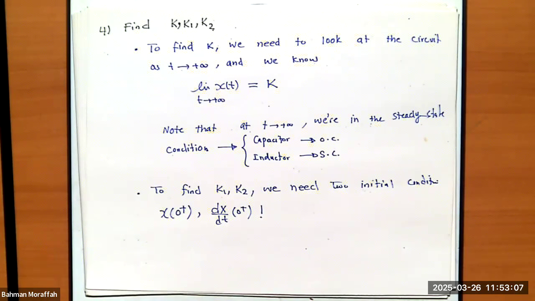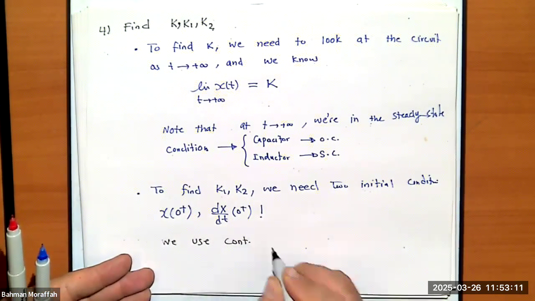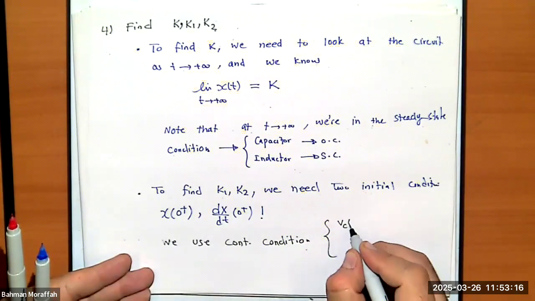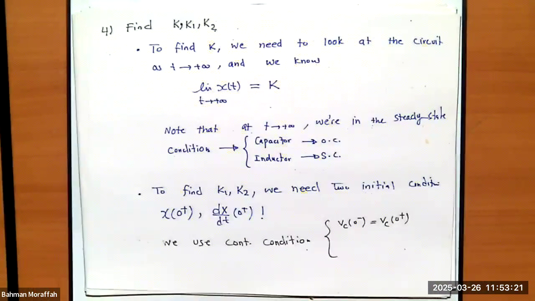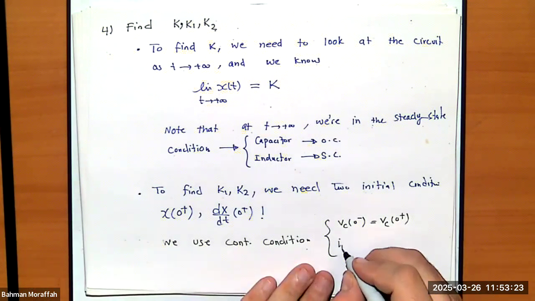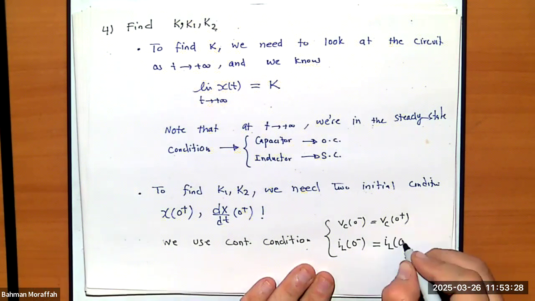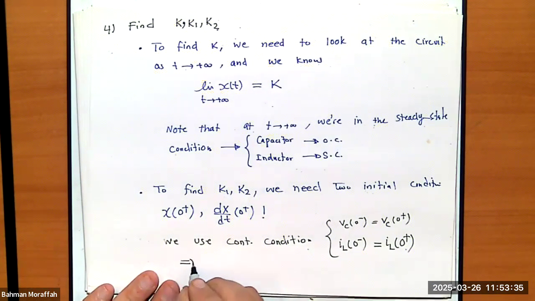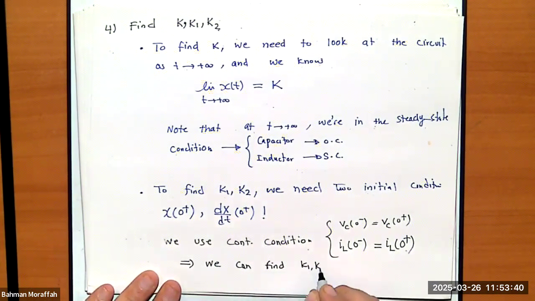So we use the continuity condition, which says if I have voltage across a capacitor at time 0 negative, it's the same as at time 0 plus. Current through an inductor at time 0 negative is the same as current through the inductor at time 0 plus. And then we can find K1 and K2.